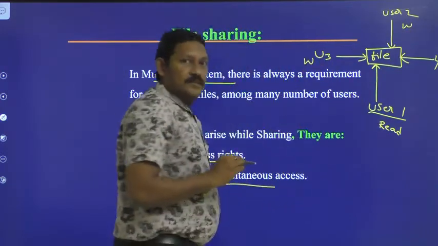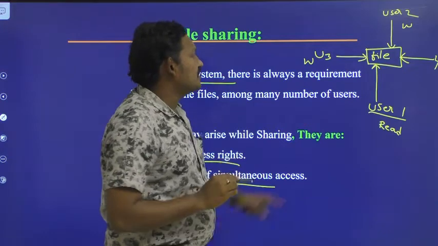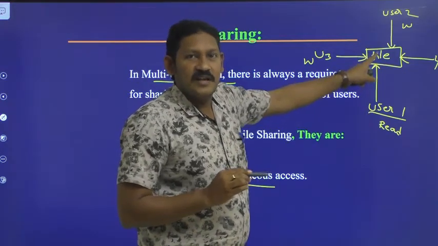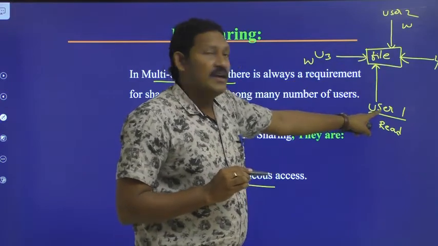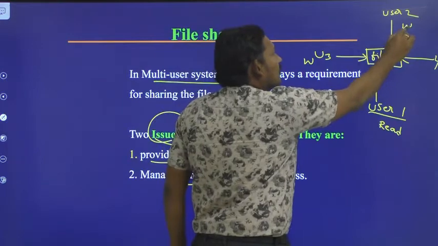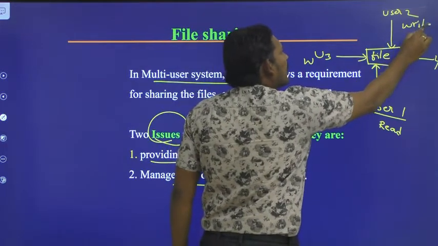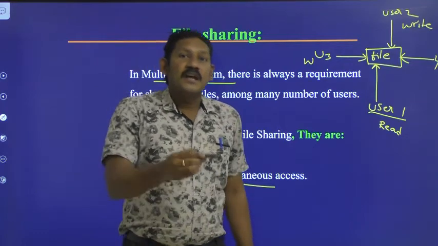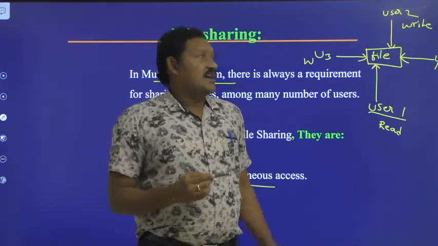performing a write operation. So what happens is user 1 will read the information the file contains. User 2 will perform the write operation. What do you mean by write operation? We have already discussed that write operation is nothing but updating or modifying the existing data.